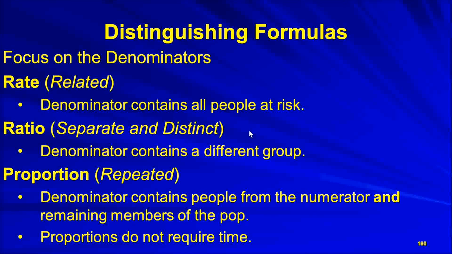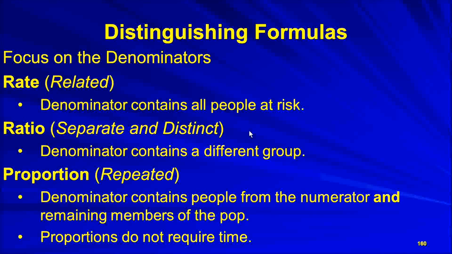Now let me talk about a proportion. Now, what you're going to know with a proportion in the numerator, what you have there is the first value that's repeated in the denominator. Okay? And it says the denominator contains people from the numerator and remaining members of the population.